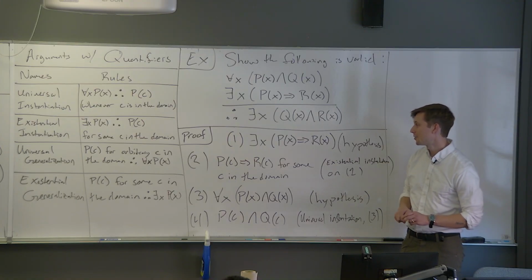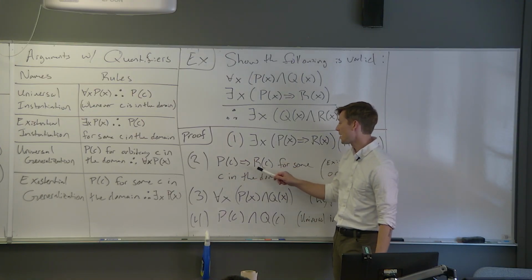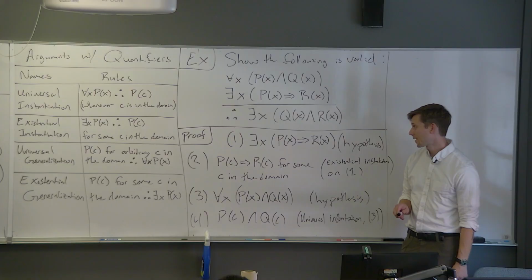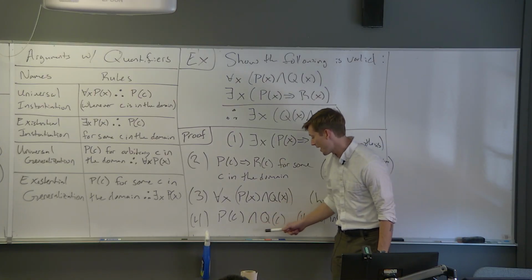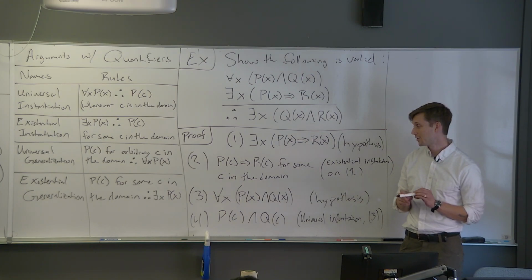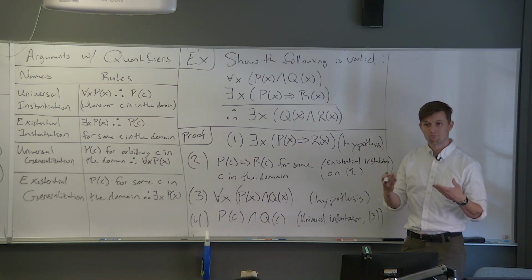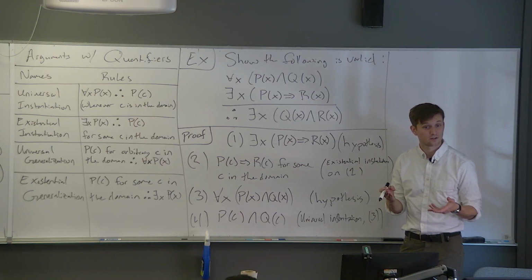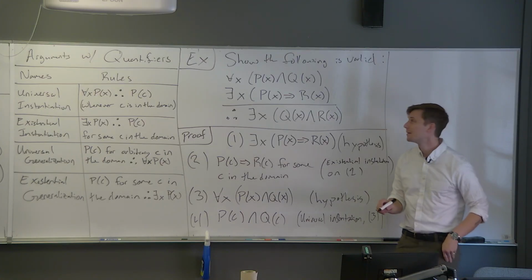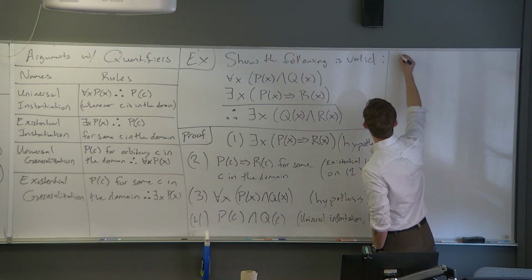All right, so now I've got the statement that p of c implies r of c. And I've got the statement that p of c and q of c is true. Perhaps I could do some simplifications. Let's do 2 separate simplifications. So maybe I'll go 5.